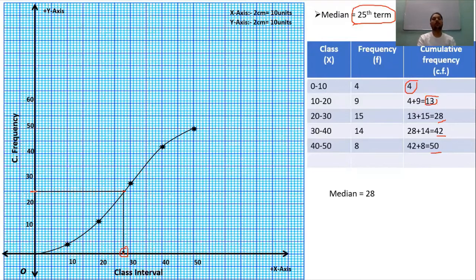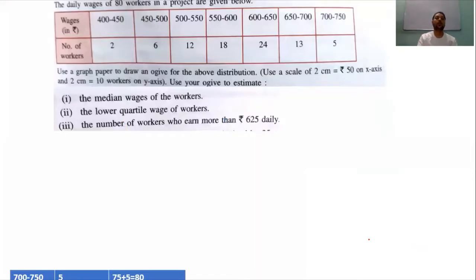From that particular point, draw a straight line with your scale which meets the ogive. At the point where it meets, drop another line which meets the x-axis, and the point at which this line meets will be your median. Okay, next question.